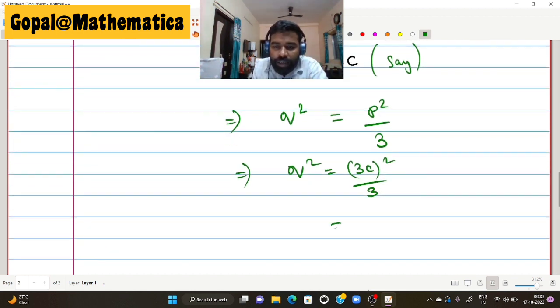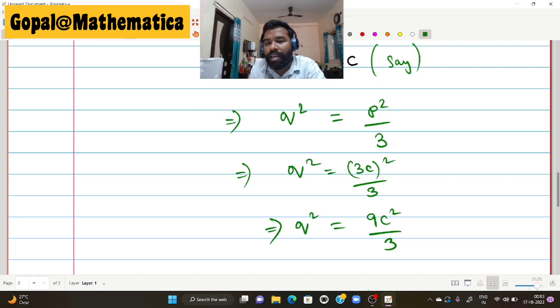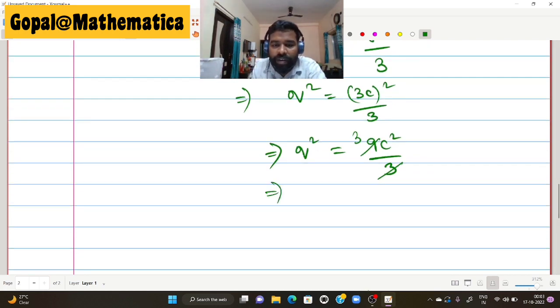Next, this becomes 9c square by 3 and this is q square. I'm just putting p as 3c and then taking the square, which gives 3 square is 9 and c square is c square. Can we cancel this? Yes, we can cancel it. So now we have q square is equal to 3c square.